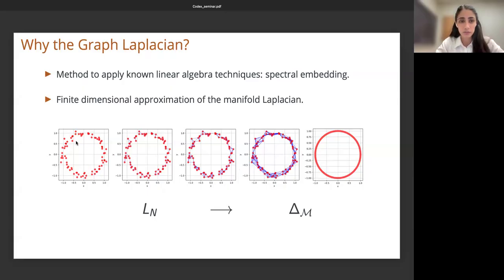So when we have just a finite number of data points, we can construct the graph Laplacian, but then we can imagine that we start adding more and more data points until, let's say, we have an infinite number of data points, and in that case, we obtain the manifold Laplacian. So this is what I want to focus on.